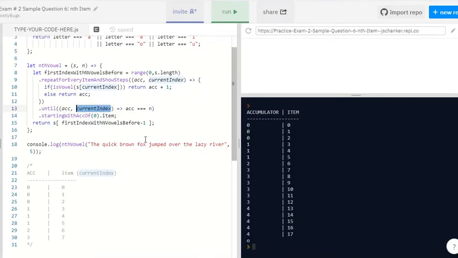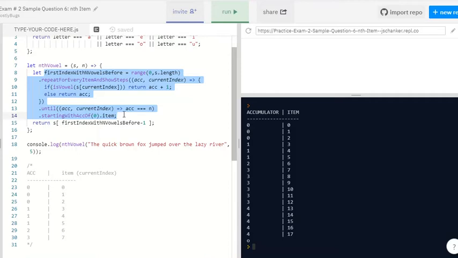But remember, the vowel that we wanted was at position 17, right? So what you're not seeing here is that final row where it stopped, which would be 5, 18. So what you actually do here is you have to say, okay, remember that this first index with n vowels before is going to store the index where the accumulator became 5.